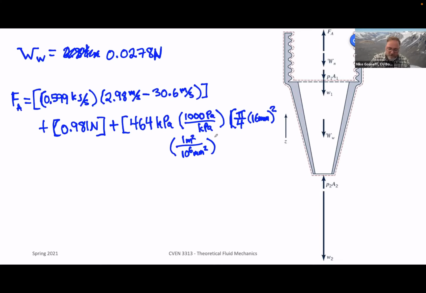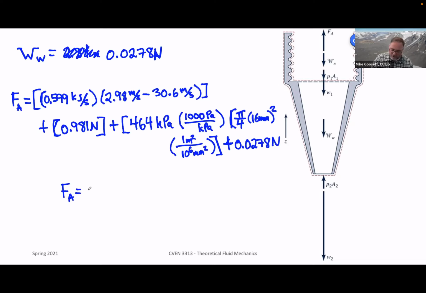And then we'll close that bracket, and then we add the weight of the water inside of the nozzle, which is 0.0278 newtons.